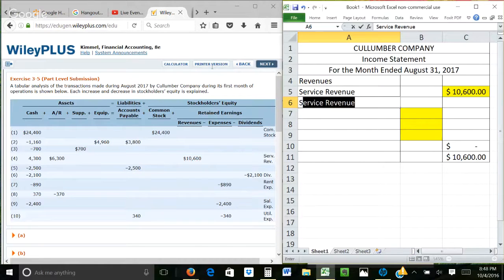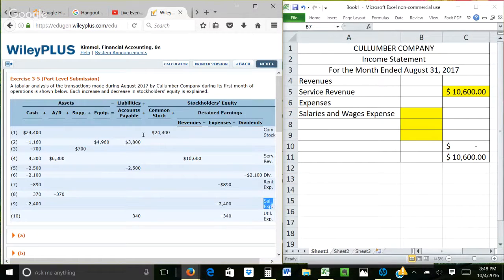So we have salaries and wages expense, and I apologize, this actually will go down in cell A7, and we'll just put expenses, get the right title. And we can see that the salary expense here was $2,400.